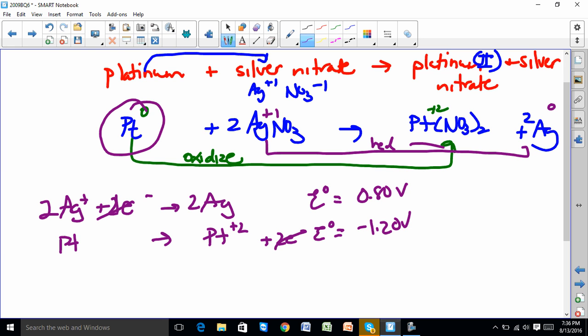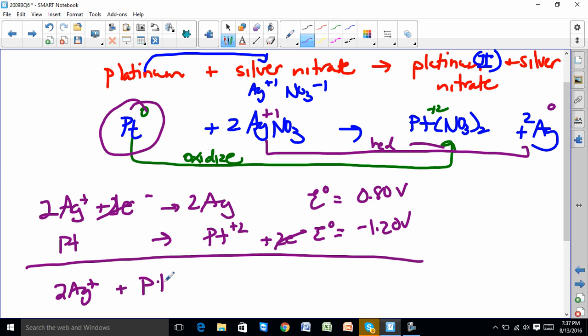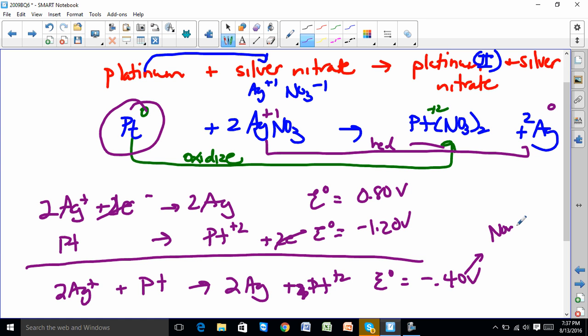And if I add these together, you would get 2 silver ion plus platinum goes to 2 silver plus a platinum ion. But E of the cell would be negative 0.40, and this means it won't generate electricity. This is non-spontaneous, and non-spontaneous reactions won't happen, so no.